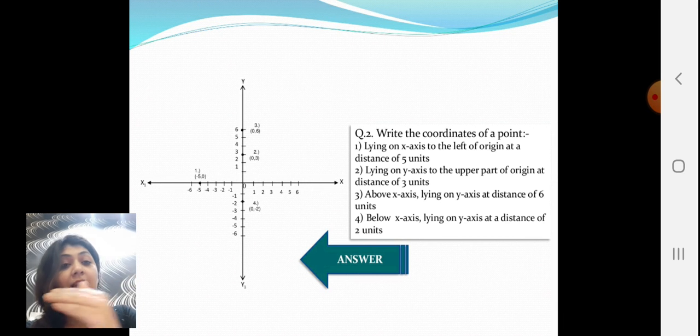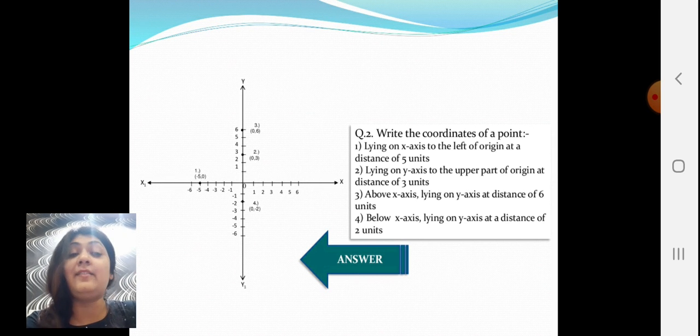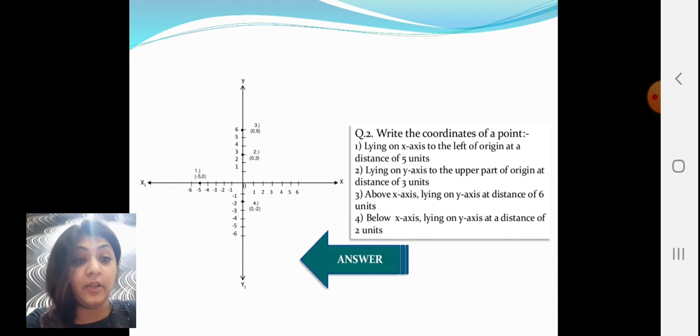So you are going on the left hand side, so minus 5, 0. Lying on the y-axis upper part of the origin at a distance of 3 units, so the answer will be 0, 3. Above x-axis, lying on y-axis at a distance of 6 units. Now that will be 0, 6.